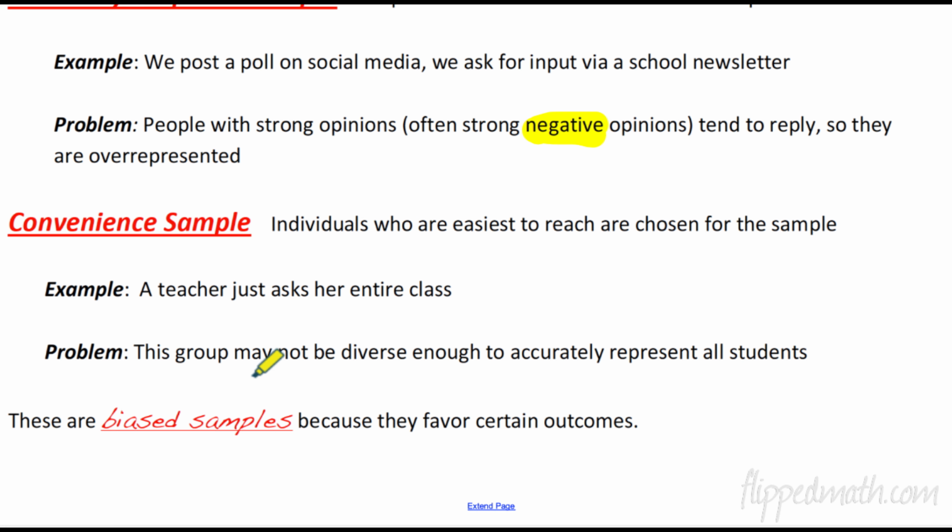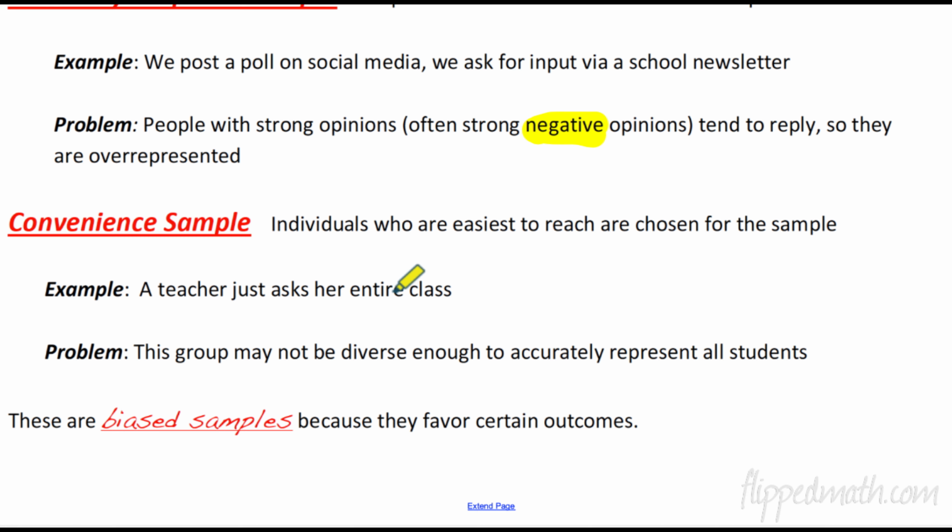And another one could be a convenience sample. Individuals who are easiest to reach are chosen for the sample. So with the example I used with the cafeteria, you just go out there and sample people. Okay, well, there's some bias potential in there. Just because they're easy to reach doesn't mean it reflects the entire population. A teacher could just ask their entire class, what do you think about, whatever topic? The problem is different classes are different.